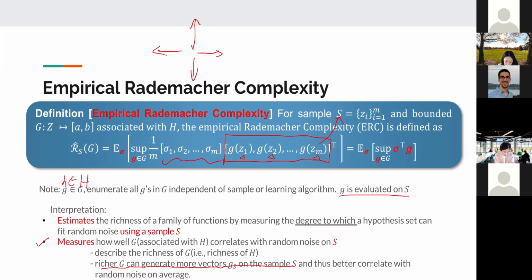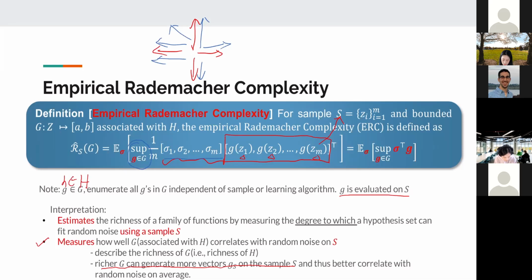If your G is able to generate more directions, then because you're taking the supremum over g for every realization of the sigma, you should get a larger empirical Rademacher complexity, because your G can go in many different directions. So richer G can generate more vectors g_S on the sample S, and thus better correlate with random noise on average. Okay?